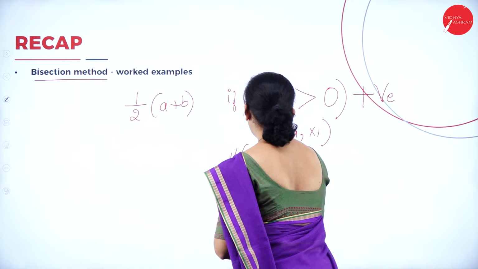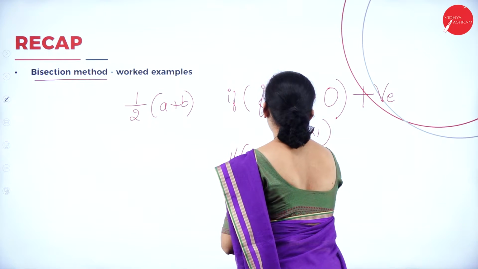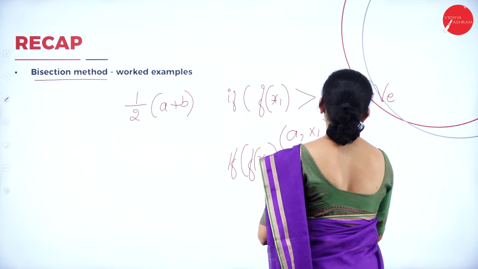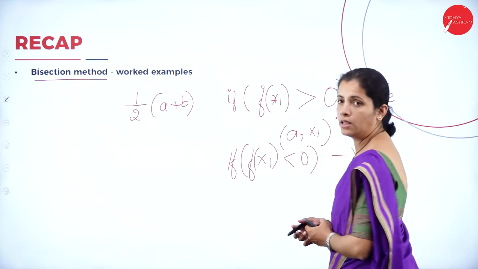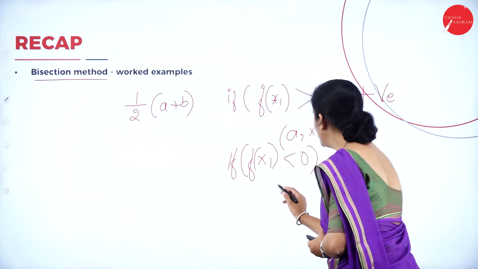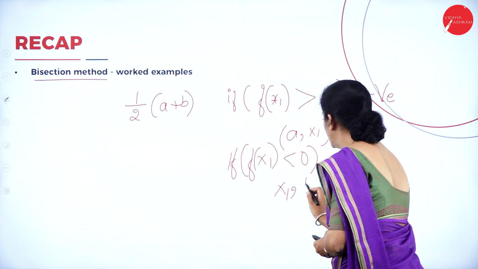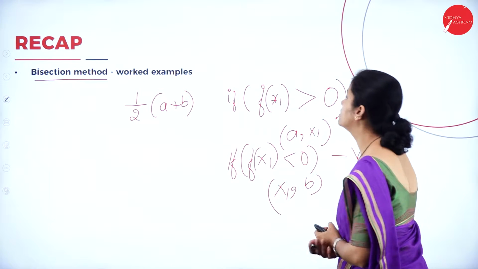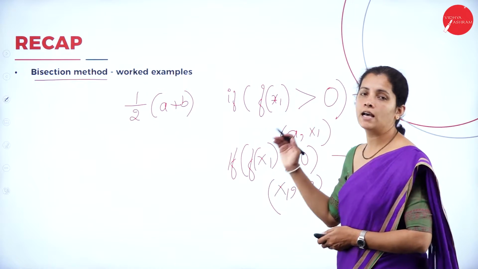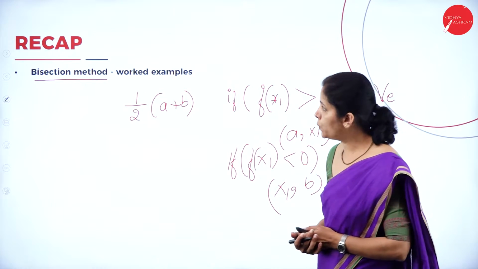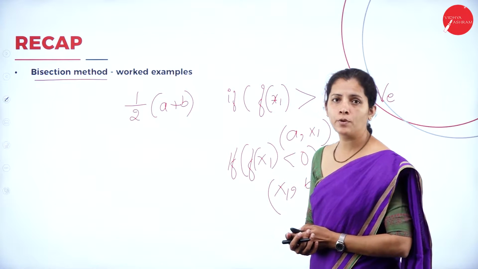In the other condition, f of x1 less than 0, it is a negative number. Then I want to change a and keep b as it is. So these are the conditions as well as the formula you need to remember while solving bisection method problems.